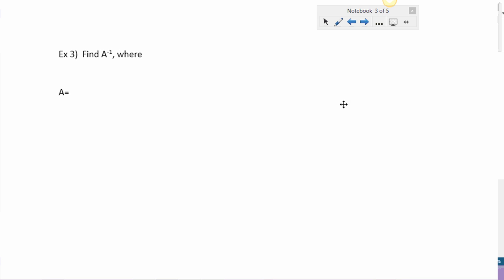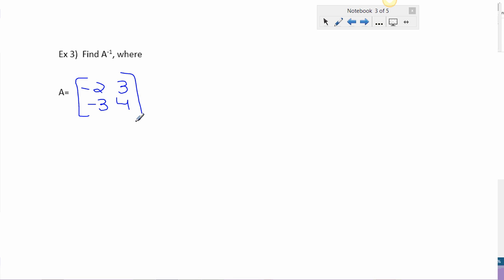Okay, so now let's talk about how we go about finding the inverse of a matrix. So I have matrix A, which we said was -2, 3, -3, 4. And I want to go ahead and find the inverse. What I'm actually doing, and this is going to be long, so I apologize in advance, is I'm looking for this in conjunction with that identity.